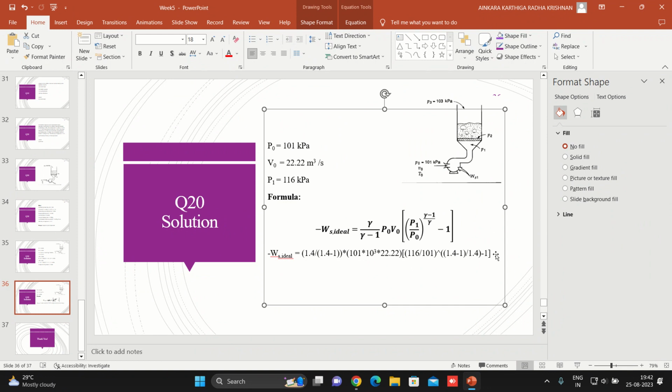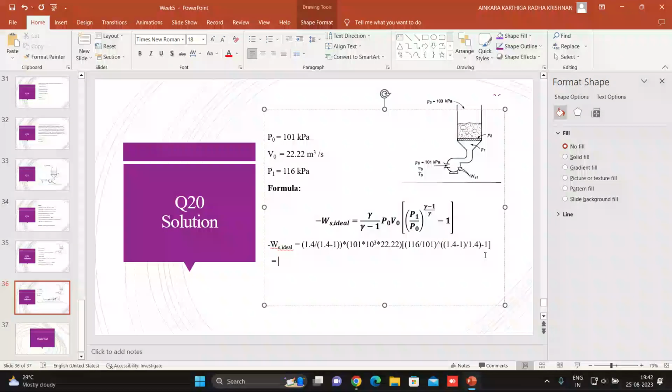So we'll substitute all these and we'll see what answer we are getting. 1.4 by 1.4 minus 1, 1.4 divided by 0.4. It is 3.5. Yeah, it is 3.5. It is 7 by 2, right?